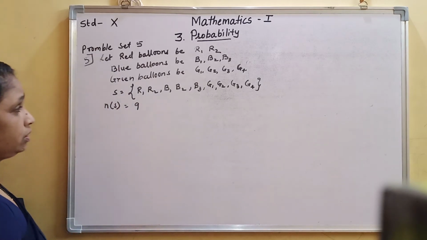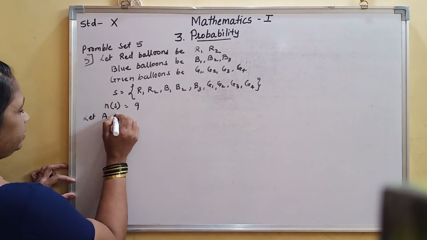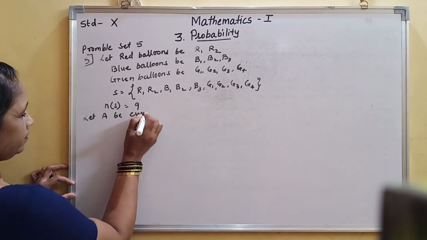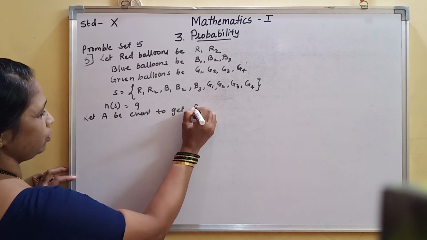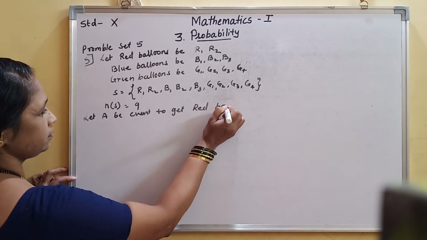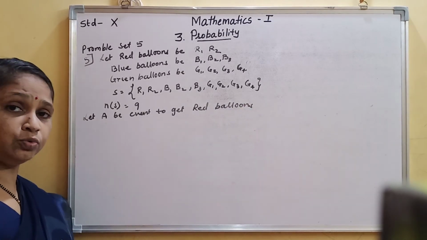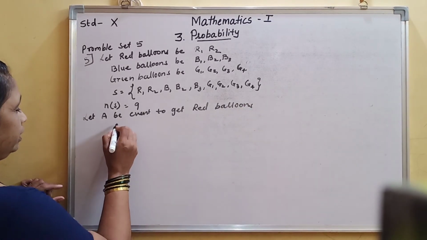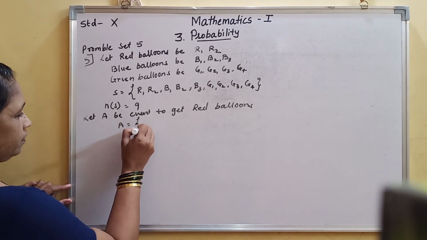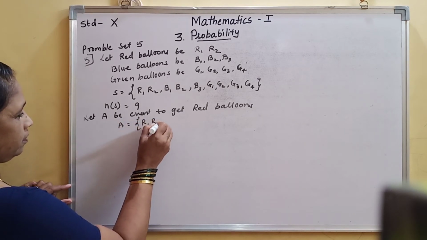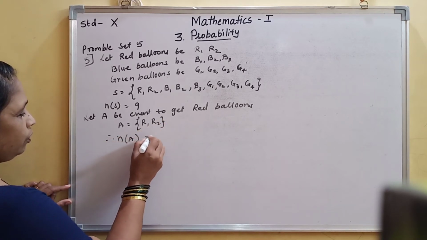Probability of red balloons, how many will be there? So let A be the event to get red balloons. So A will be equal to R1, R2, so therefore n of A will be equal to 2.